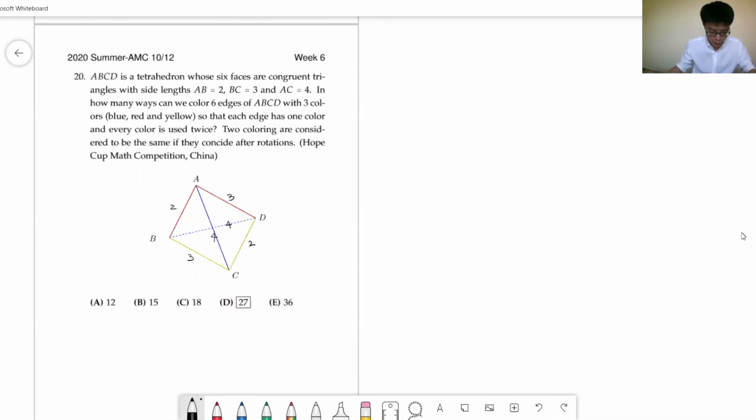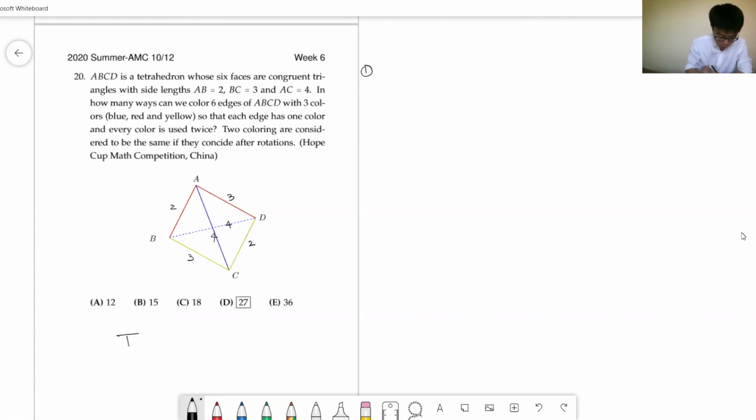All right, let's discuss the coloring. We have 3 colors to choose. Each color must be used twice. So we discuss how many pairs of the opposite edges are colored the same. Okay, so first, let's discuss case 1. Let me mark here.